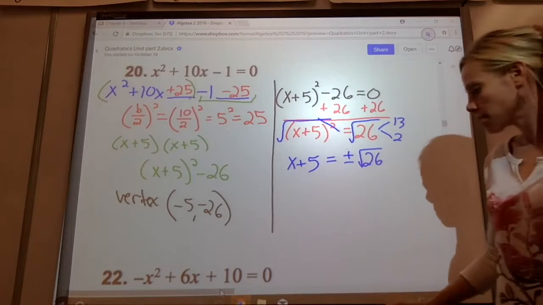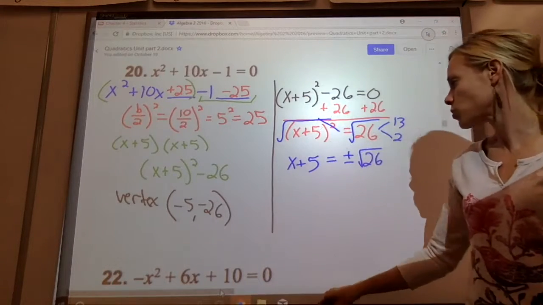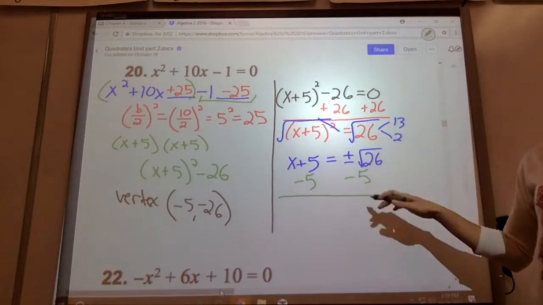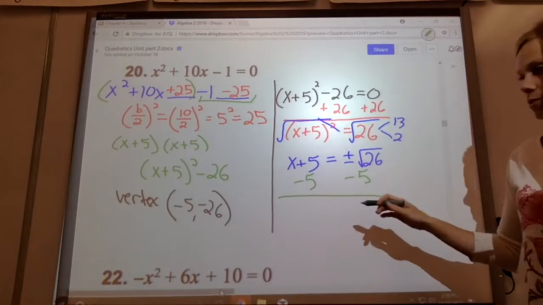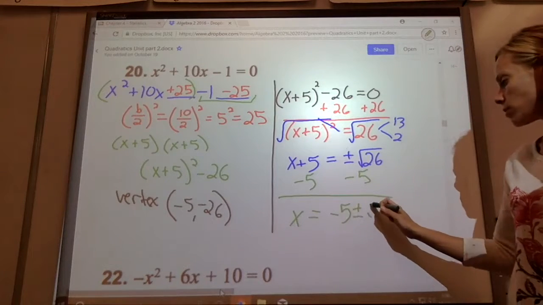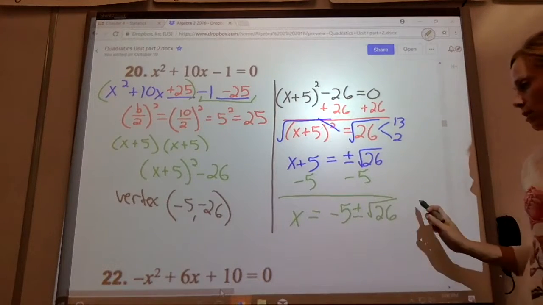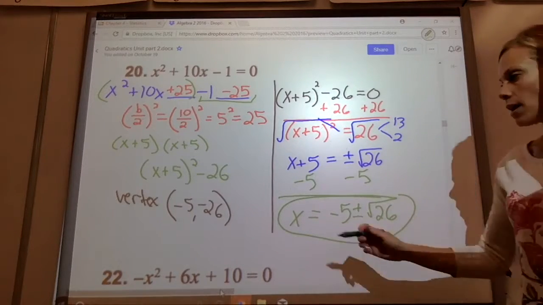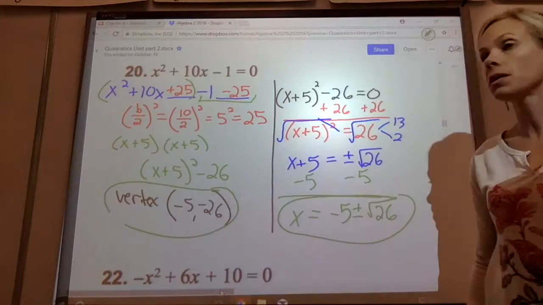And then my last step, to get x by itself, I need to subtract the 5, but you cannot combine those like terms. They're not like terms. So x equals negative 5 plus or minus the square root of 26. So there's my two roots. That's where it's crossing the x-axis. And here's my vertex. That's my minimum.